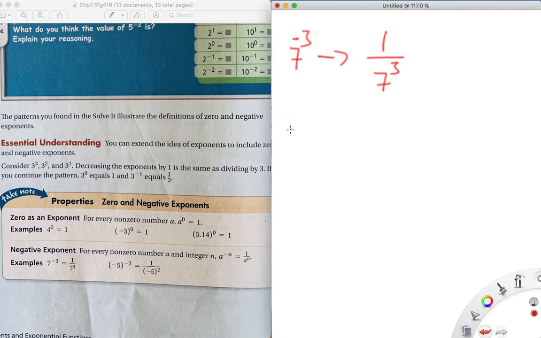The book says negative 5 in parentheses to the negative 2. Again, this negative here does not mean that we're dealing with a negative number. However, this negative down here does.